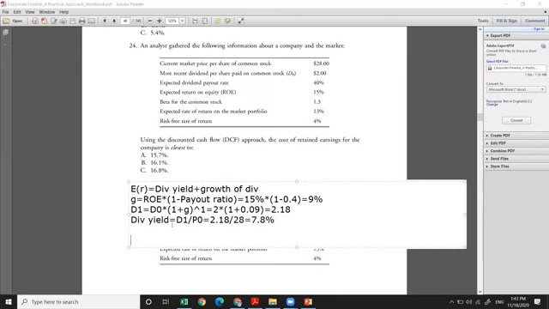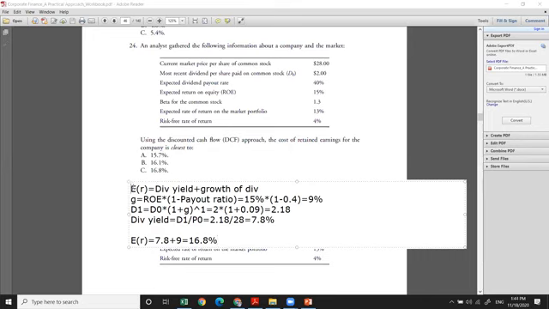Then we put everything into expected return: dividend yield plus the growth rate of the dividend. 7.8 plus 9 gives us 16.8%. So the answer is C.